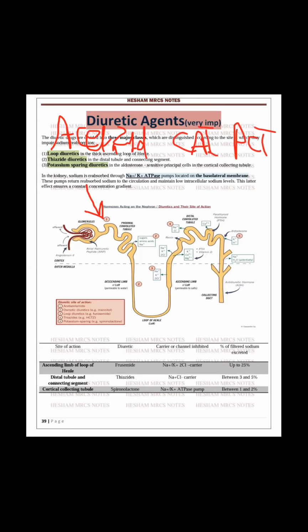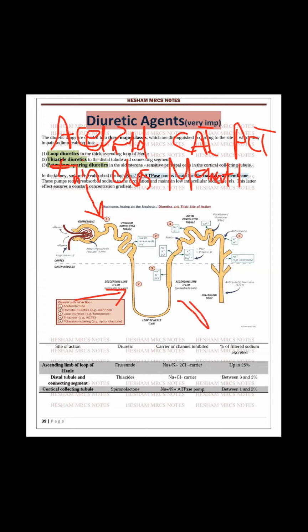This is the first one. The second one, in the descending loop of Henle, is mannitol, and this mannitol is an osmotic diuretic.